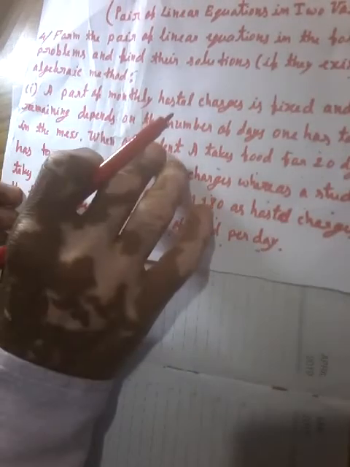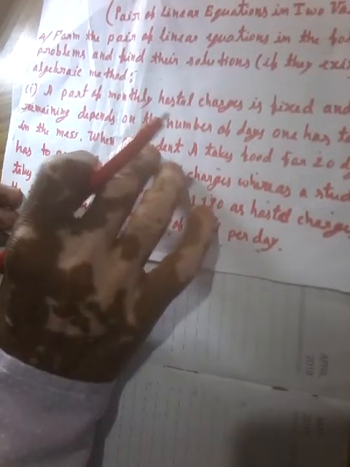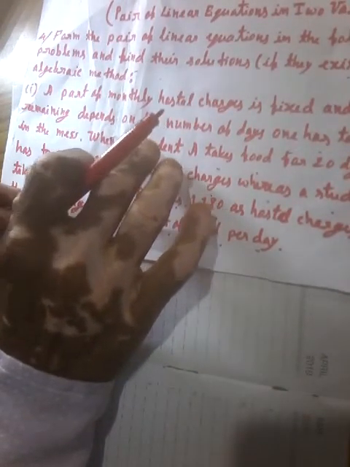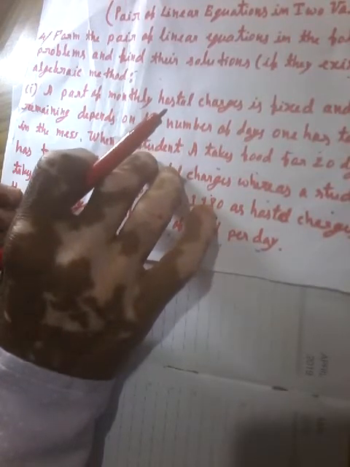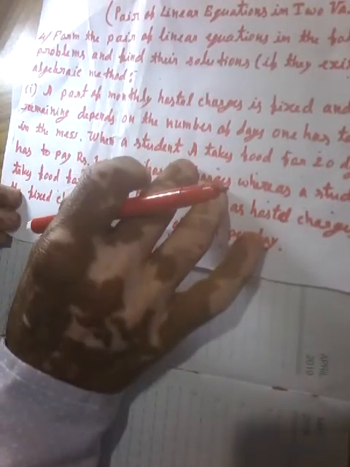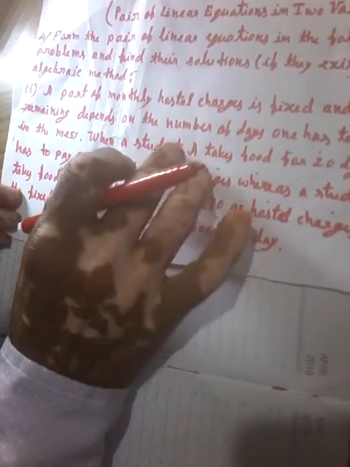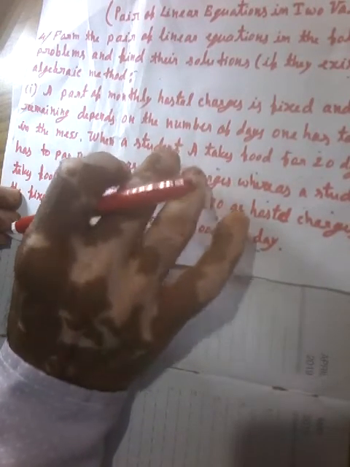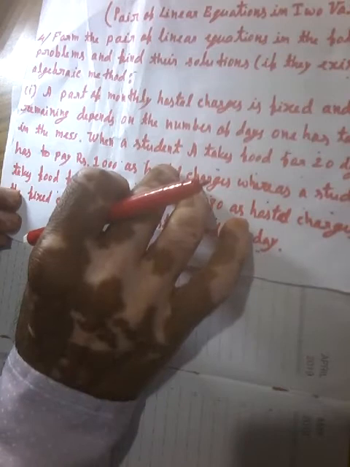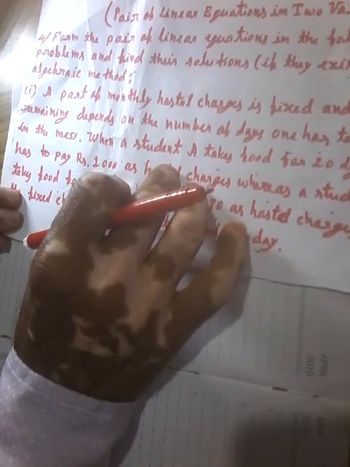The first part is fixed or compulsory to each and every student who stays at that hostel. The other part of the bill is not fixed. That part depends on for how many days a student has taken food.